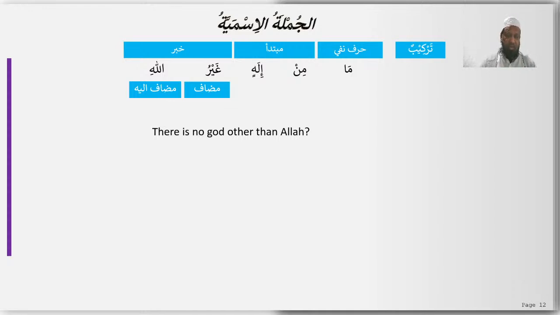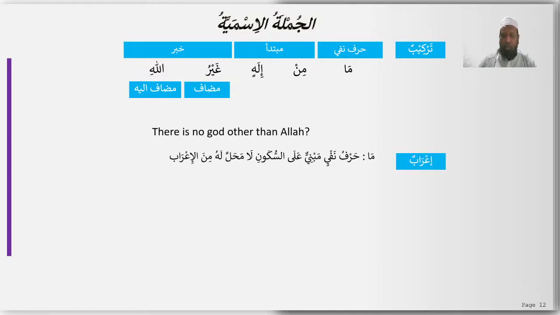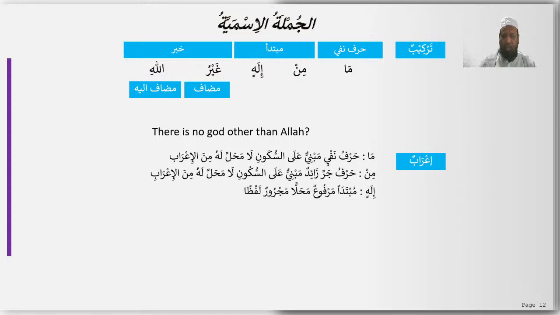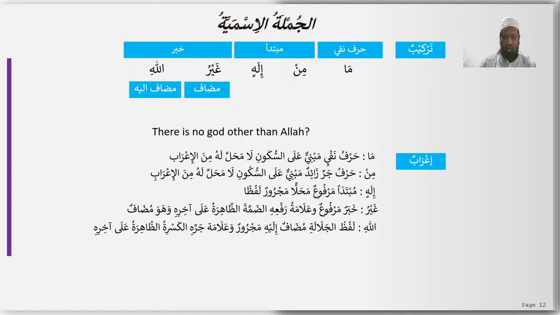There is no God other than Allah. إعراب ما حرف نفي مبني على السكون لا محل له من الإعراب من حرف جر زائد مبني على السكون لا محل له من الإعراب إله مبتدأ مرفوع محلا مجرور لفظا غير خبر مرفوع وعلامة رفع ضمة الظاهرة على آخره وهو مضاف الله لفظ الجلالة مضاف إليه مجرور وعلامة جره الكسرة الظاهرة على آخره.